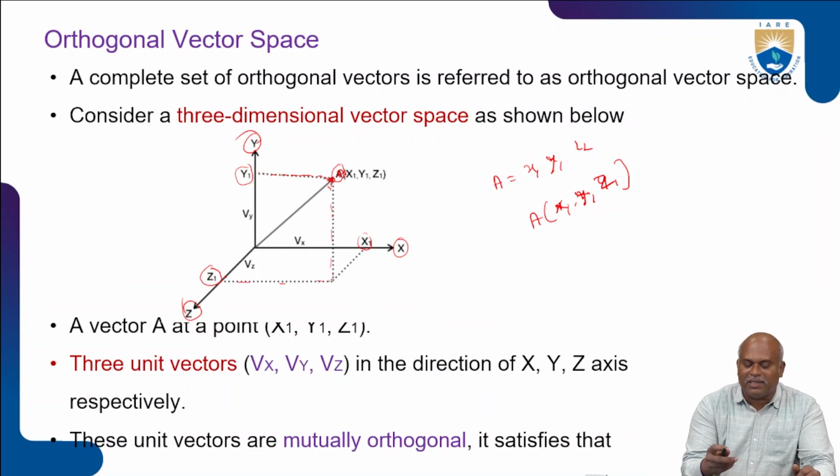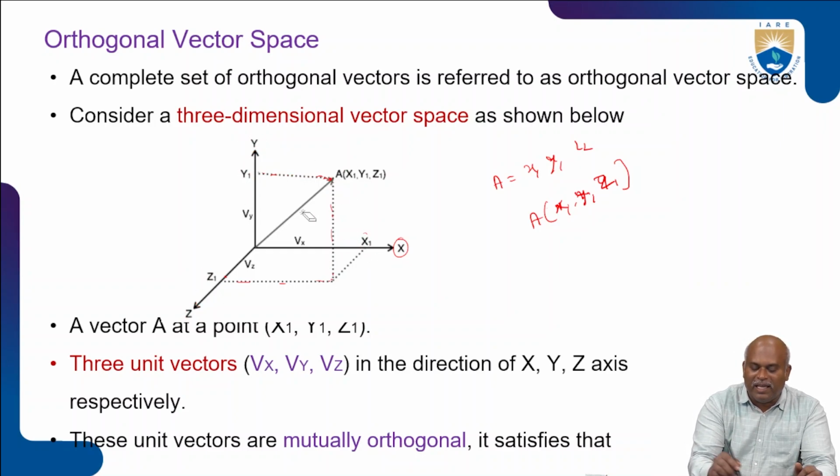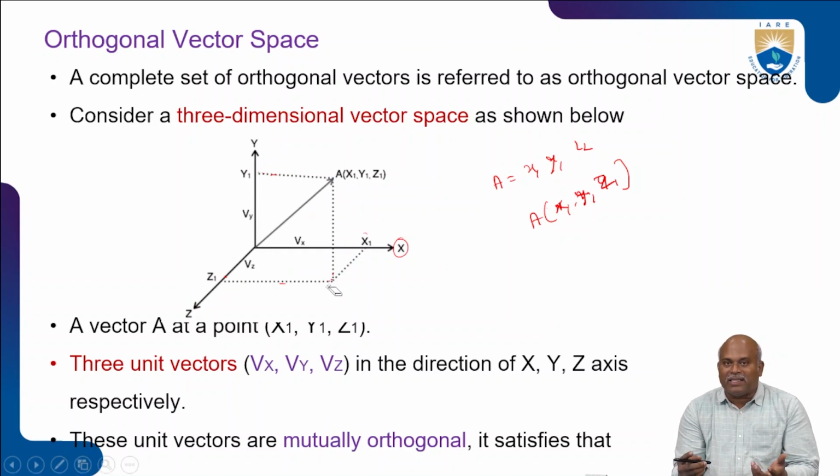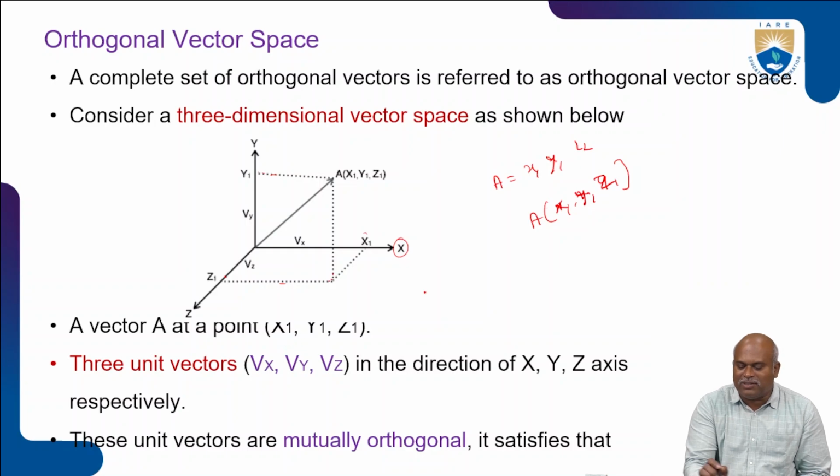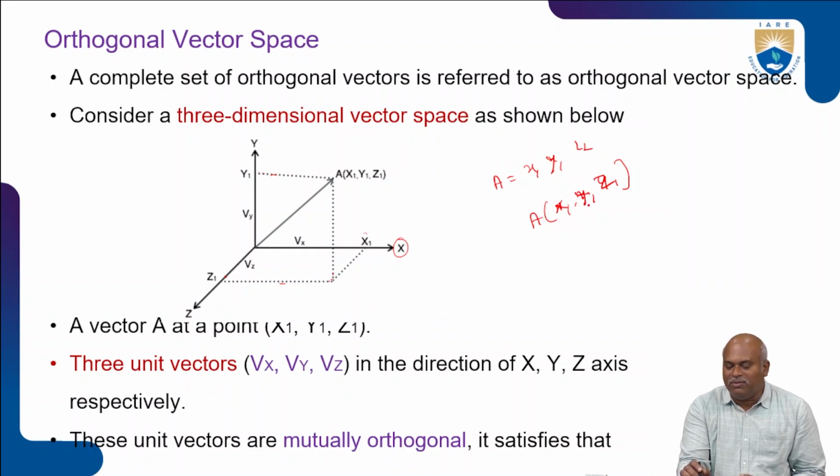This point A is going to meet all the vector values we take for the different directions. We consider this a 3-dimensional vector space. Now the vector space at point A I represent as A of x1, y1, z1.